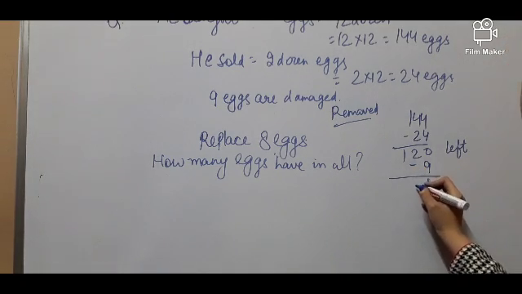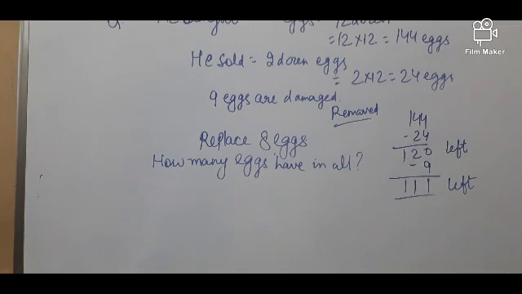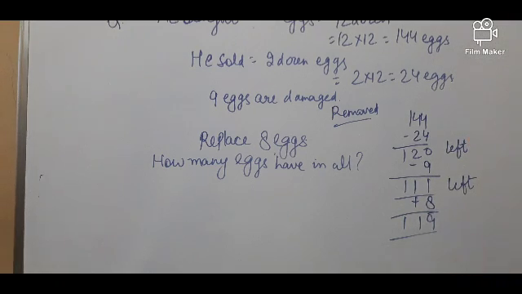So now he is left with 111 eggs. Then he replaced 8 eggs. Replacing 8 eggs means we will add 8 to it. That means the shopkeeper now has 119 eggs.